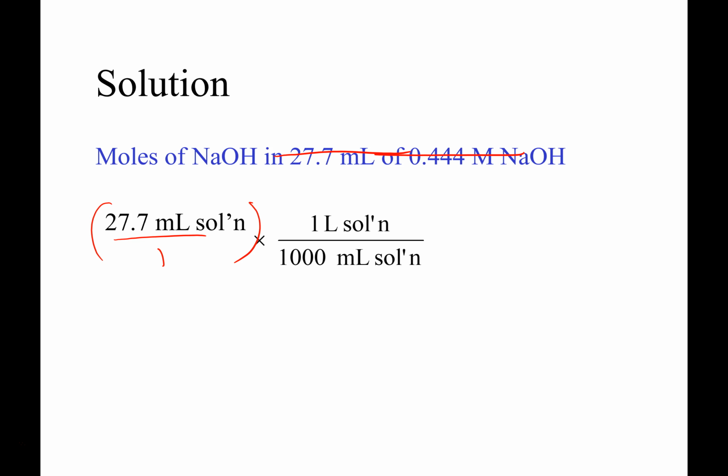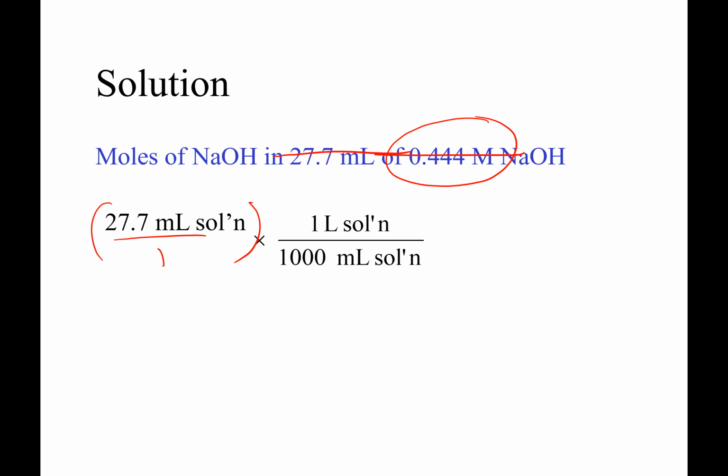Now, Madison, I'm ready to use my molarity, which was that 0.444 molar, to get to moles. What does that look like? So it would be 1 over. We want our liters to cancel. So what 0.444 means is?